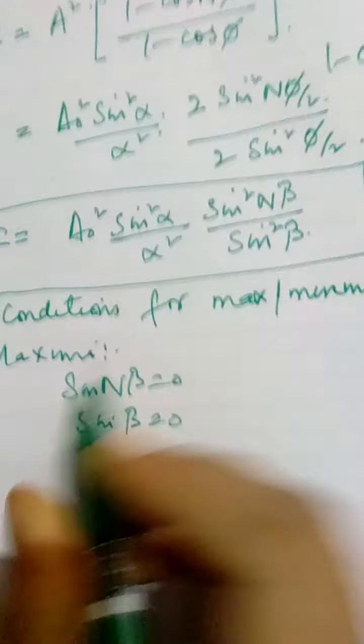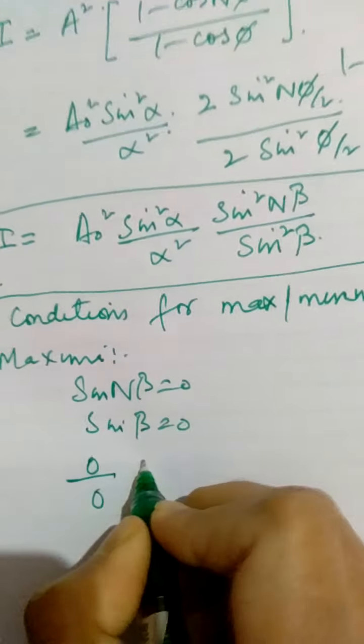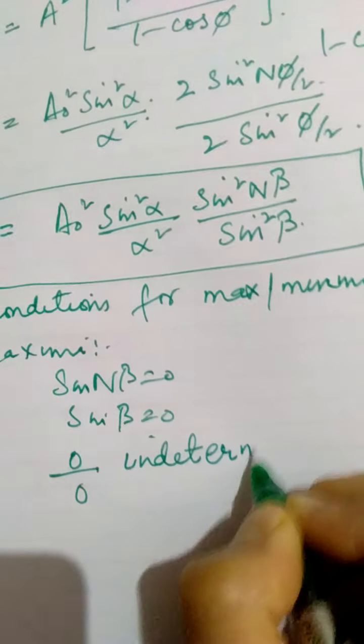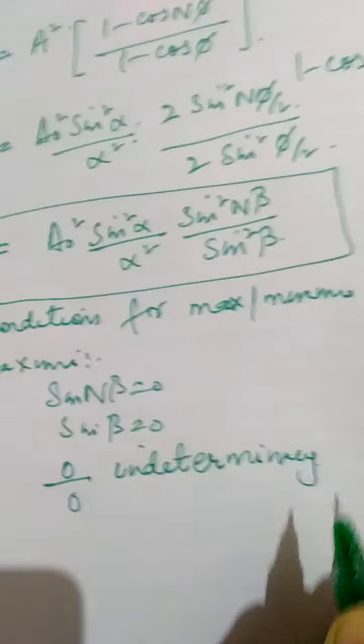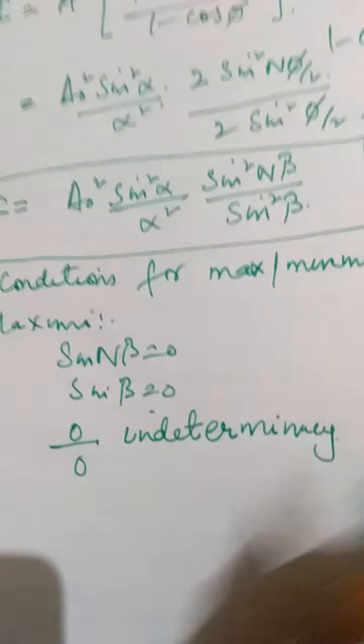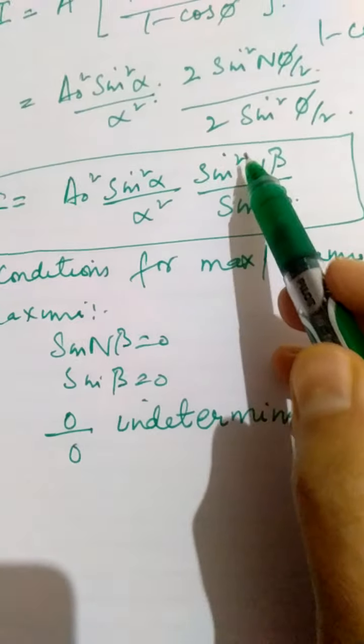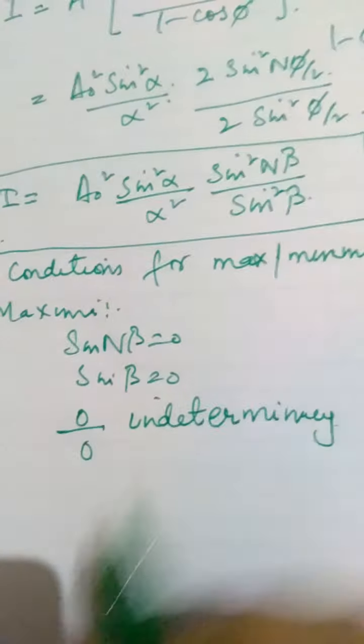What does that give us? That gives us a condition of 0 by 0, a condition of indeterminacy. So we are not able to find out what exactly is going to happen. But an alternate way of approaching that is that we may choose to look for the change in sine square n beta and change in sine square beta.